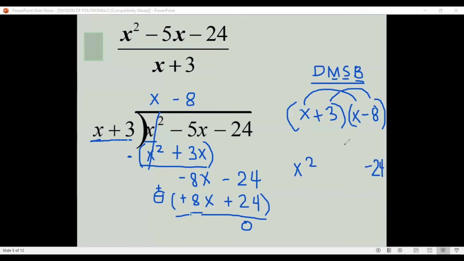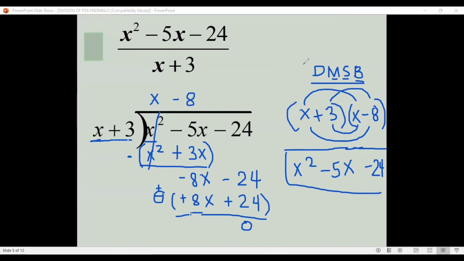And if you are going to look for the middle term, that is the 3x, and the other one is a -8x. So adding now 3x and -8x, that results to -5x. Okay, so actually you can also solve this by making use of your factoring. Okay, but this is actually the long process of dividing polynomials, so that if you cannot do it mentally, at least you know how to divide your polynomials.